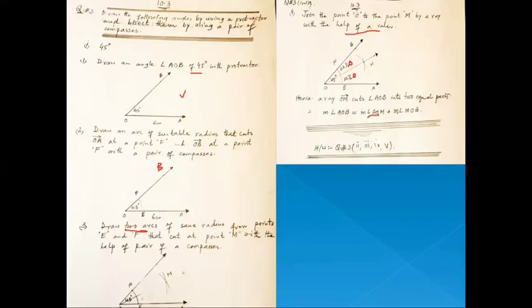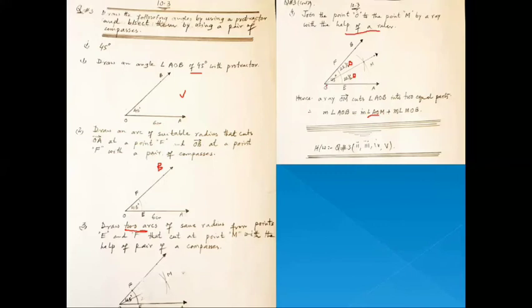From the given arc having points E and F, open a suitable compass. From E, draw the first arc, and from F, bisect the first arc.